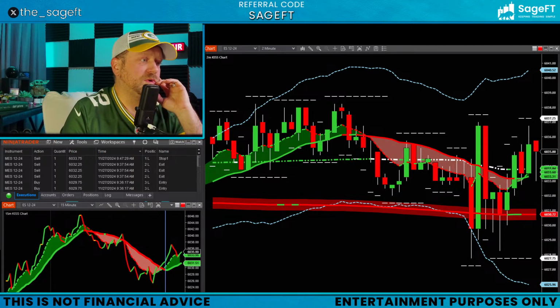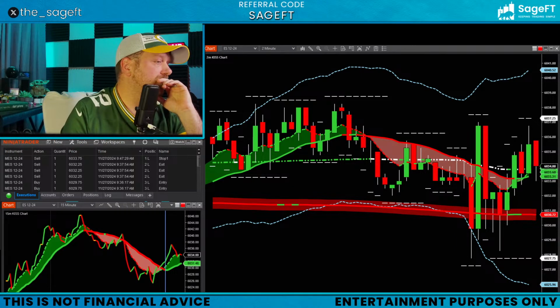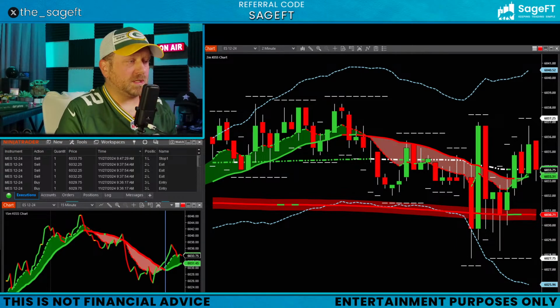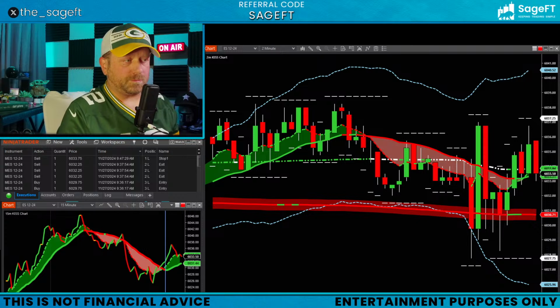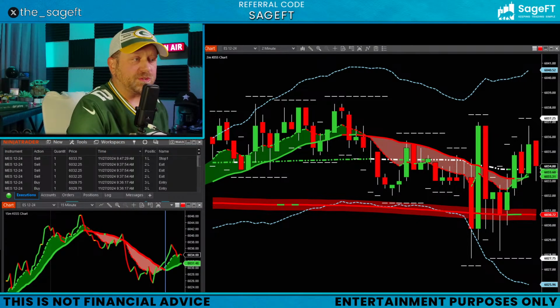The shorts do not want this bar to close up here. Okay, your 2-minute fractal is starting to turn up. How do they close this up here?